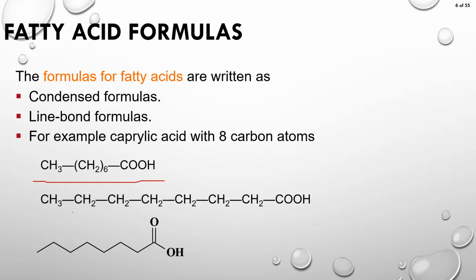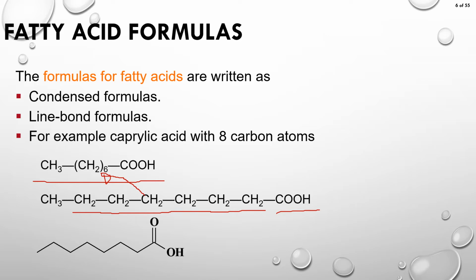Since it is very long, it can be condensed. This is the (CH2)6. So the methylene group is placed in a parenthesis, and then you have the COOH. Okay, so remember that.